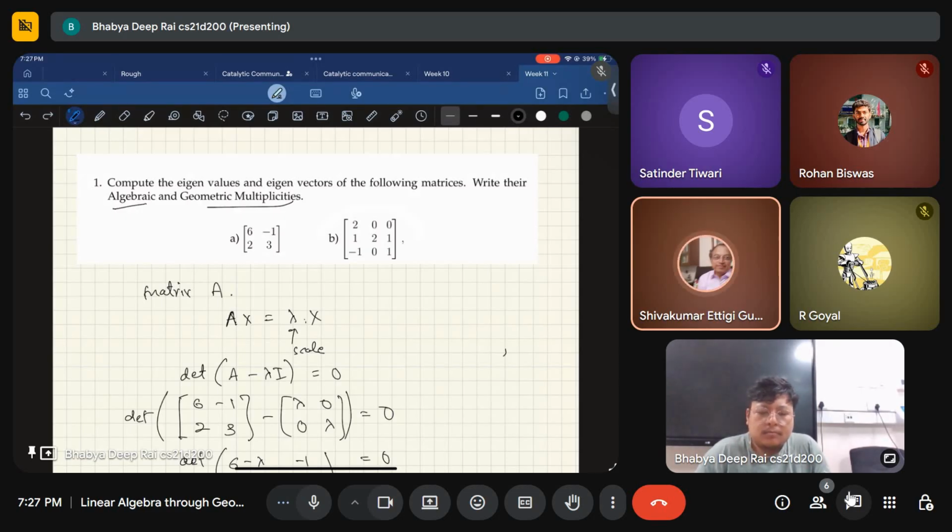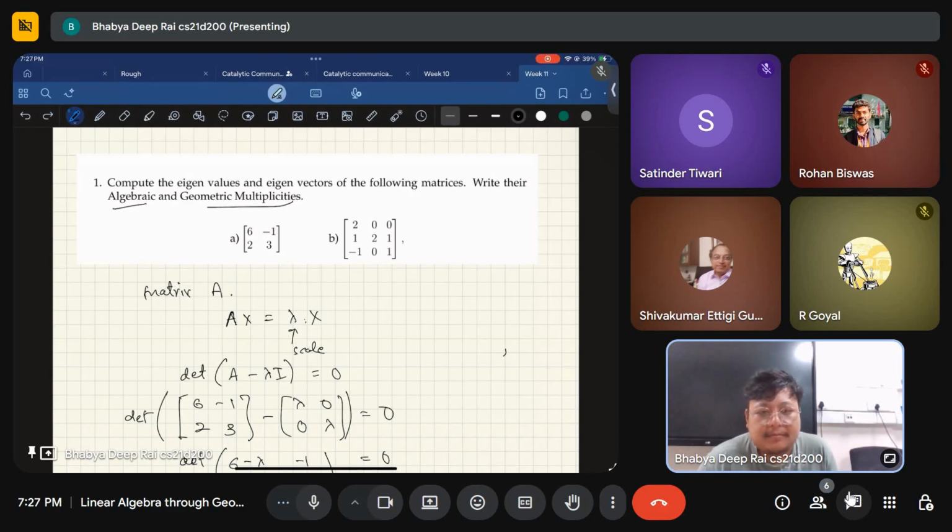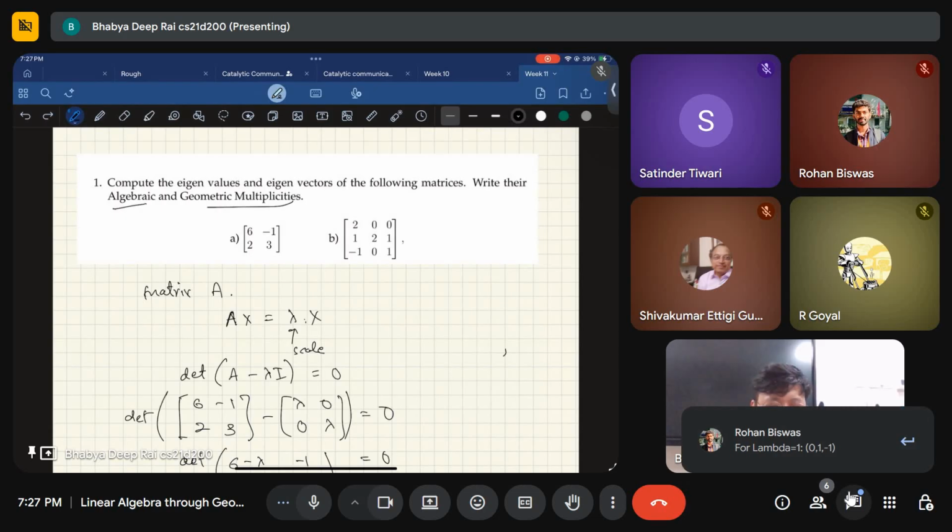Lambda 2, 2, 1. That's right. For lambda equals 1, 0, 1, minus 1.